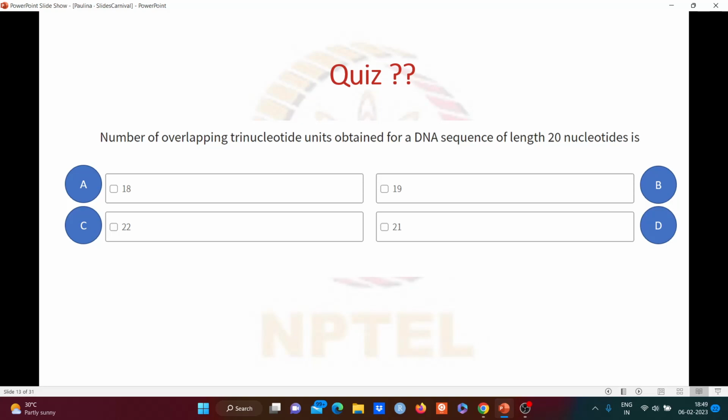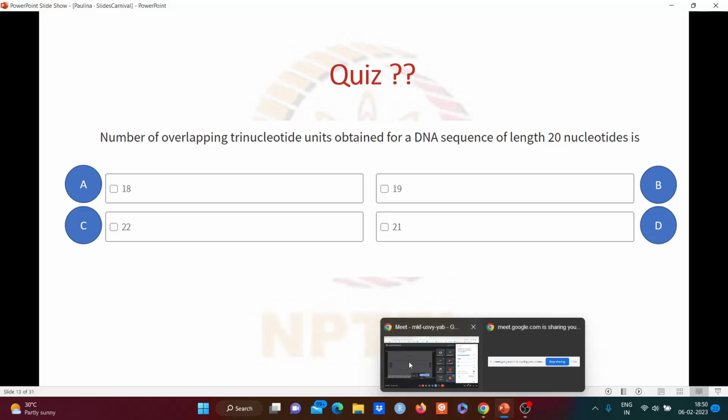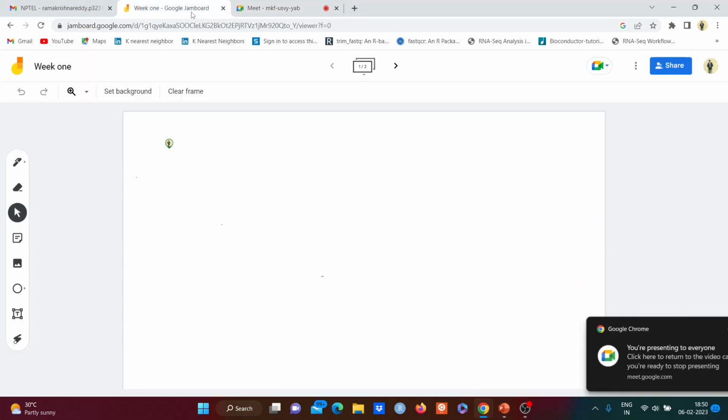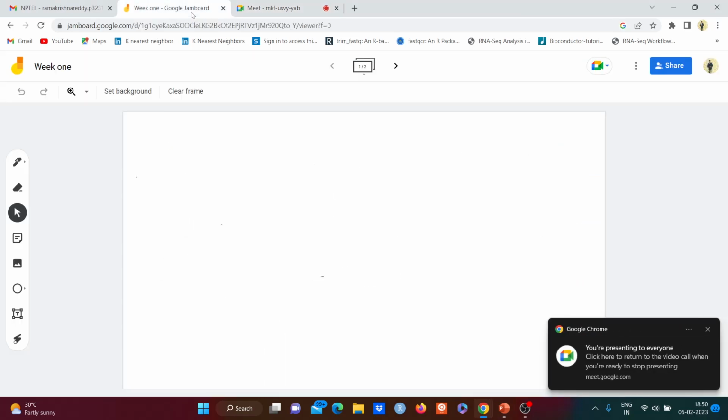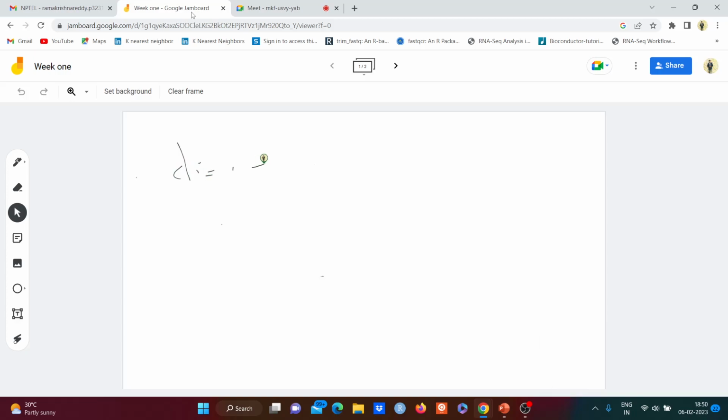Okay. Initially, we have solved for a sequence with dinucleotides. So, the number of dinucleotides is denoted by n minus 1.